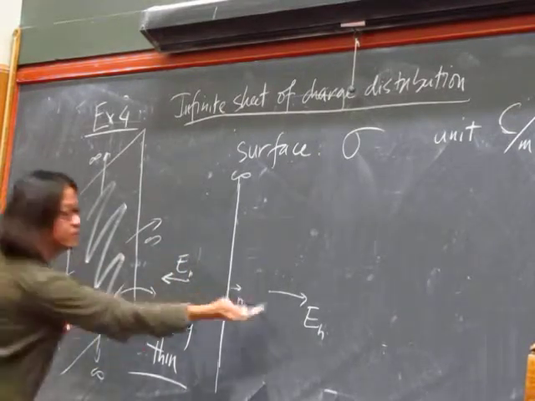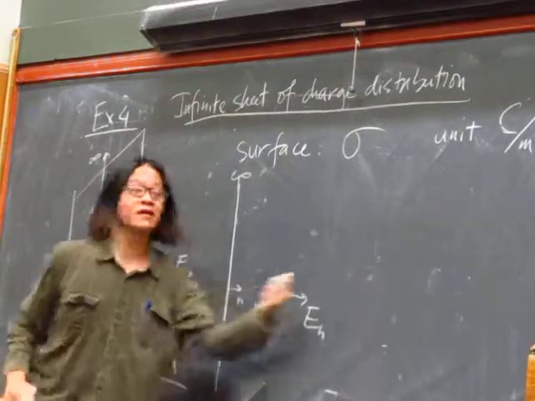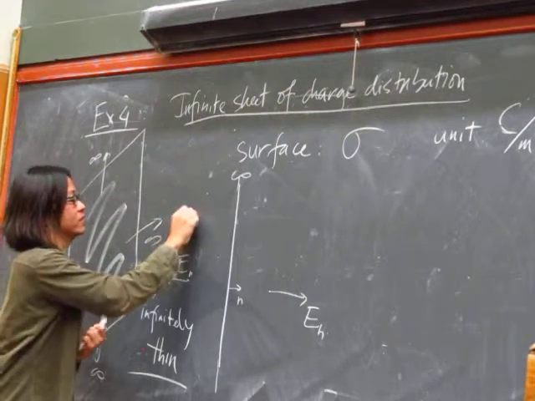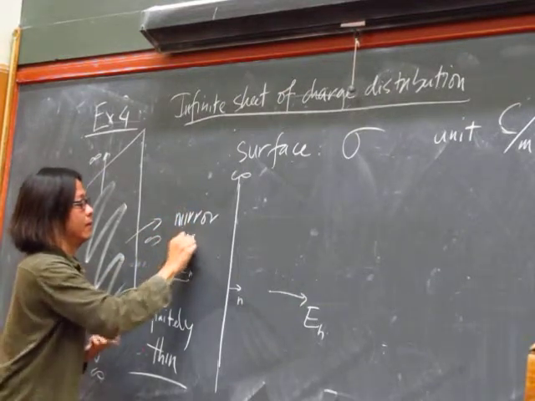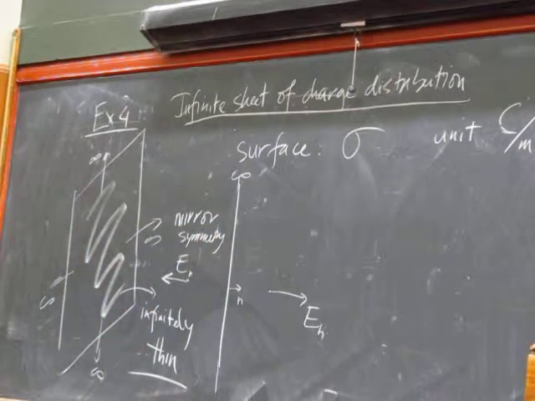There is a mirror symmetry. So if I like to point in that direction over here, it has to point in this direction by mirror symmetry. And there is no other direction possible. No other direction is unique.